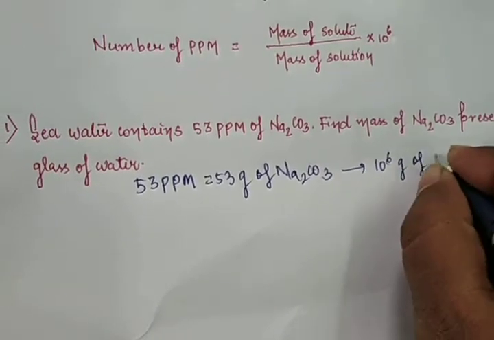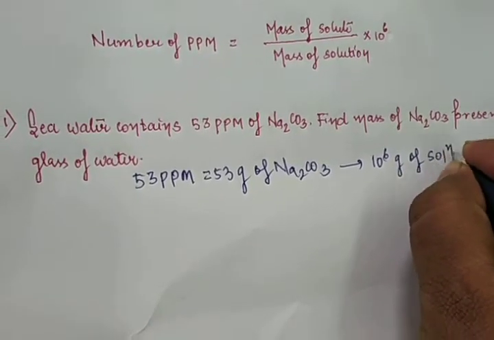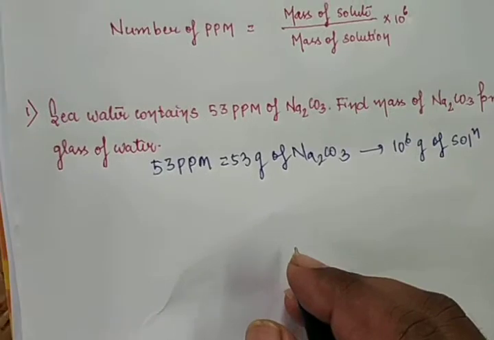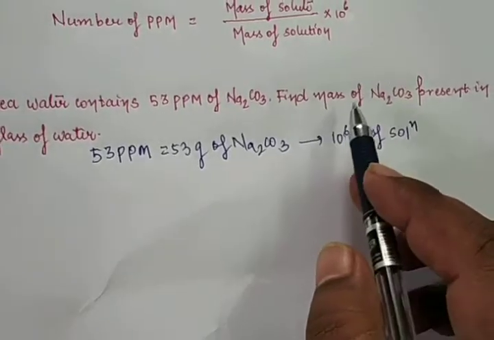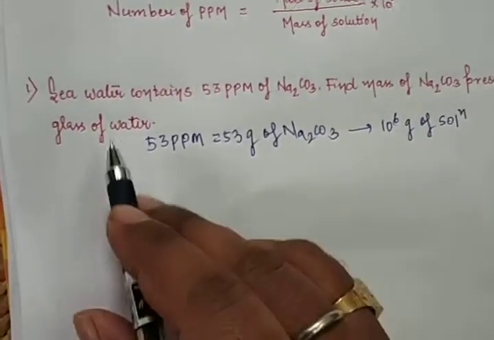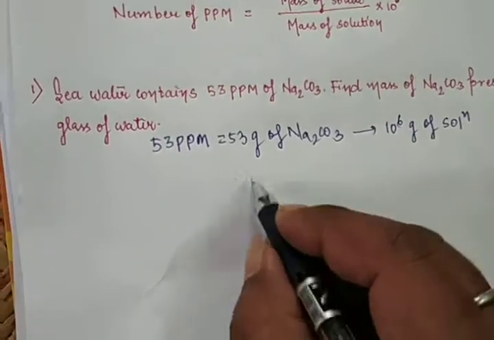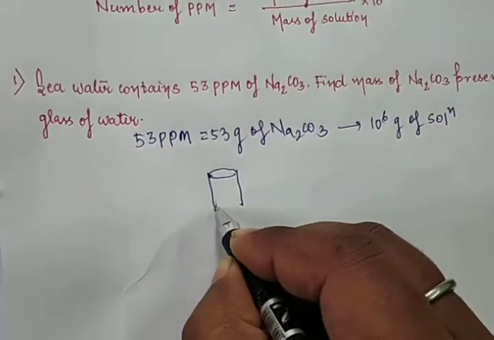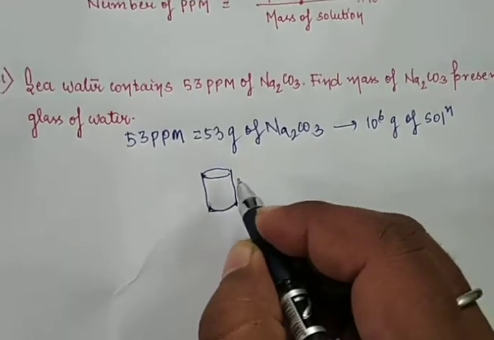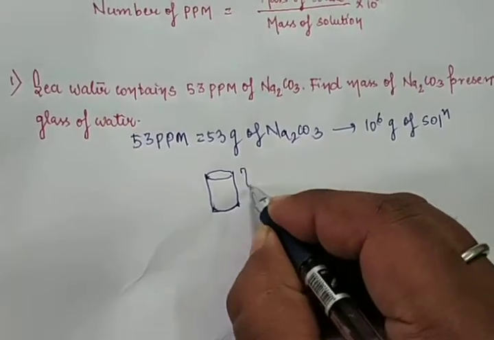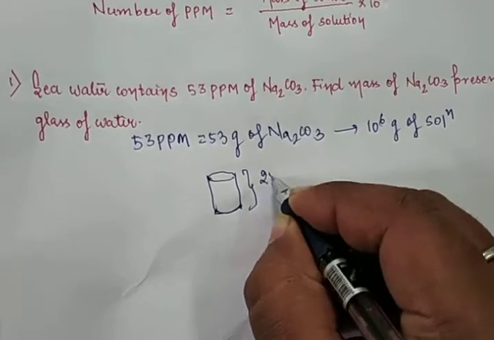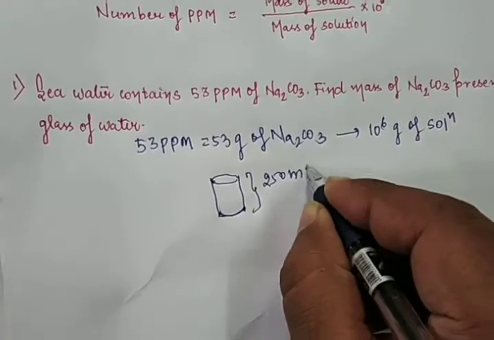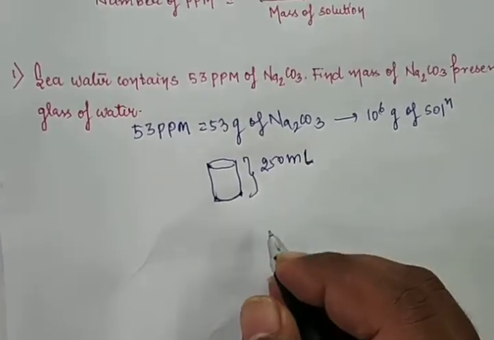Okay, clear student? Now in this case first you find mass of Na2CO3 present in a glass of water. What is the meaning of glass of water? Suppose you have a glass, and always you consider this is a 250 ml glass.